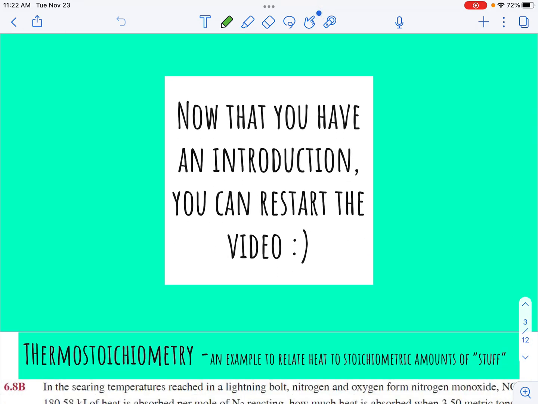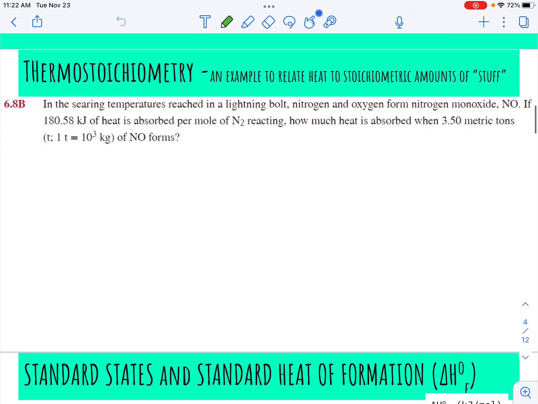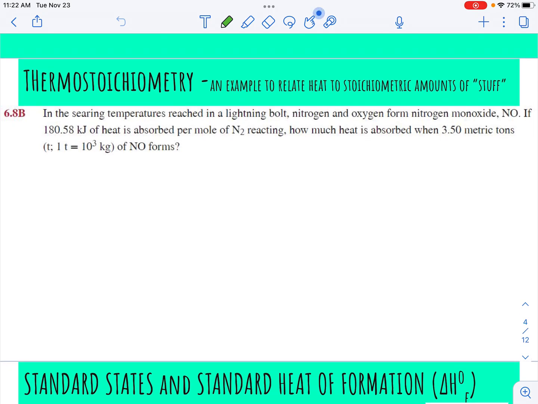Okay, so let's go. Thermostoichiometry is really just like any other stoichiometry. Basically, our thermochemical equations have coefficients that correspond to that specific delta H that is either determined through calorimetry or another way that goes with that reaction as it's written.